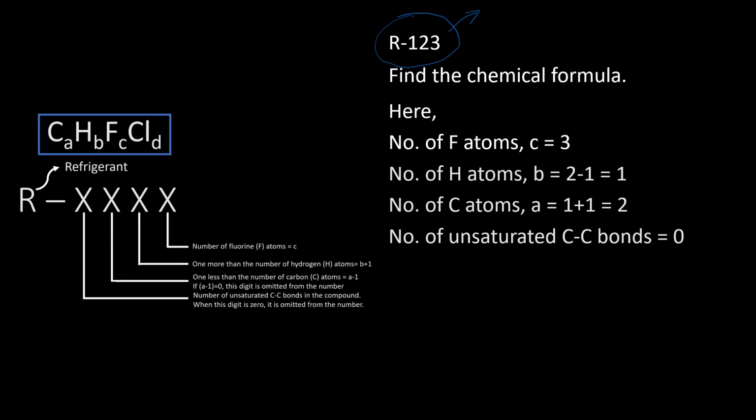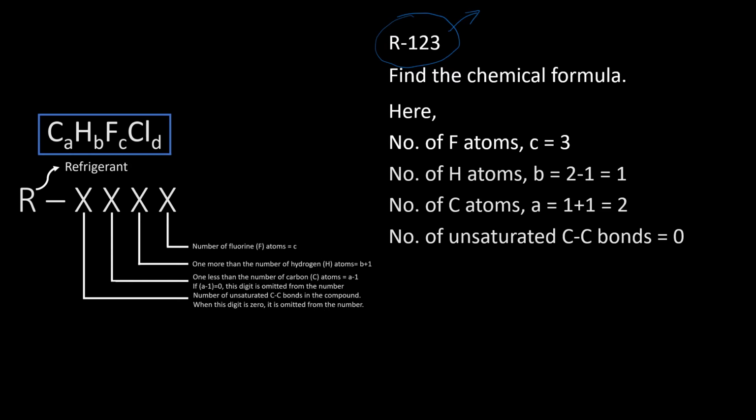Also, we do not see any uppercase letter with the number, which means there are no bromine or iodine atoms present in the compound. However, the compound may or may not have chlorine atoms.